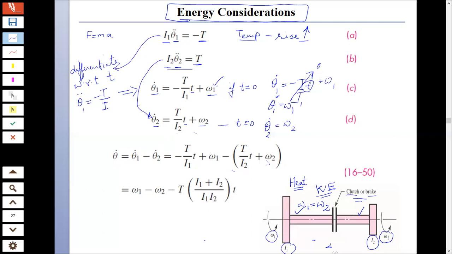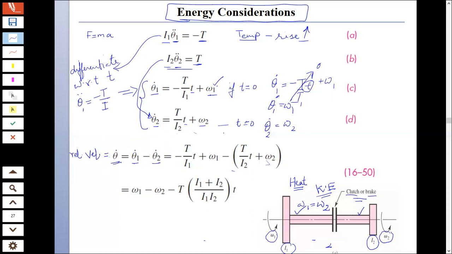Now I can find the difference between these two velocities, which is theta 1 dot minus theta 2 dot, and we can also call this a relative velocity, which will be theta dot.